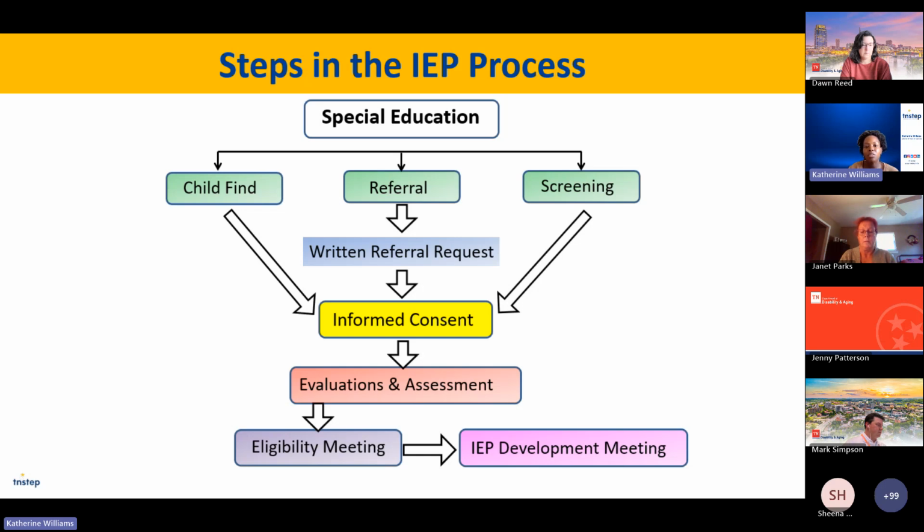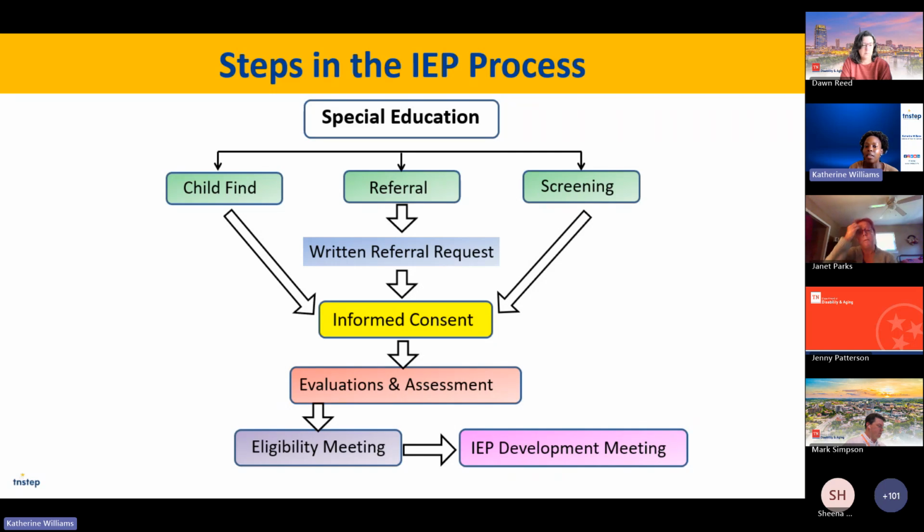Then the evaluation would take place. And if the child is eligible, all of that would be covered at an eligibility meeting. So the team would go over all the findings and the team would determine if the child is eligible for services.